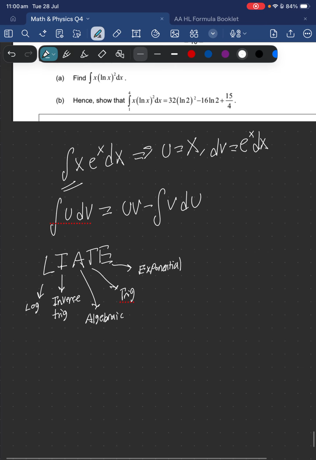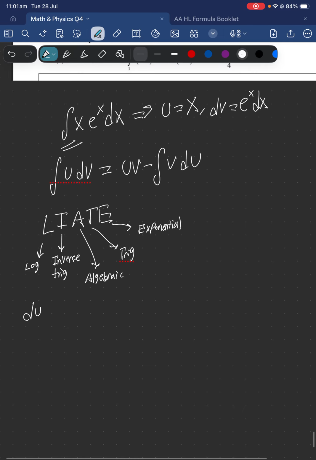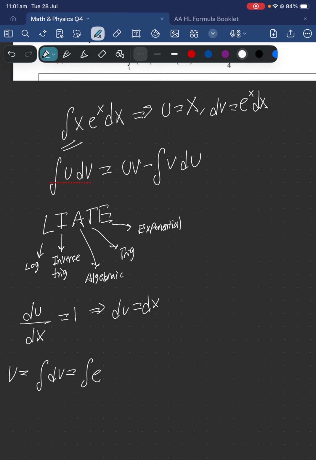And we want to get du and v. So to get du, we differentiate u with respect to x. So du over dx is equal to 1, therefore du is equal to dx. And v is going to be the integral of dv, which is the integral of e to the power of x dx, which is very simply just e to the power of x.